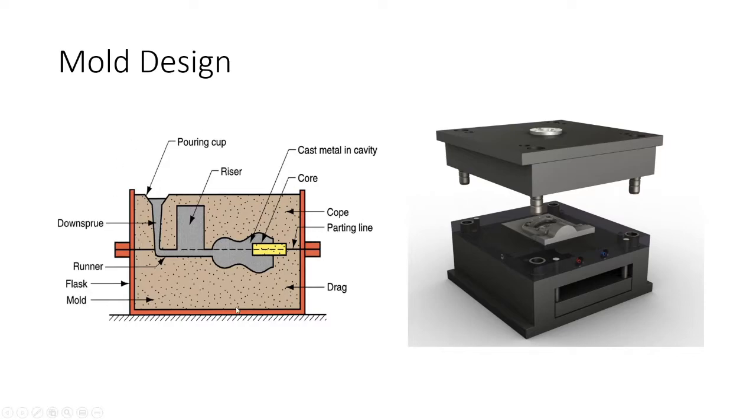As you can see on the left image here, it is the mold. Then we have the flask that contains the mold information. Then the runner through which the molten metal or plastic will go inside the main design if needed, the core portion, the parting line, and this downspar.